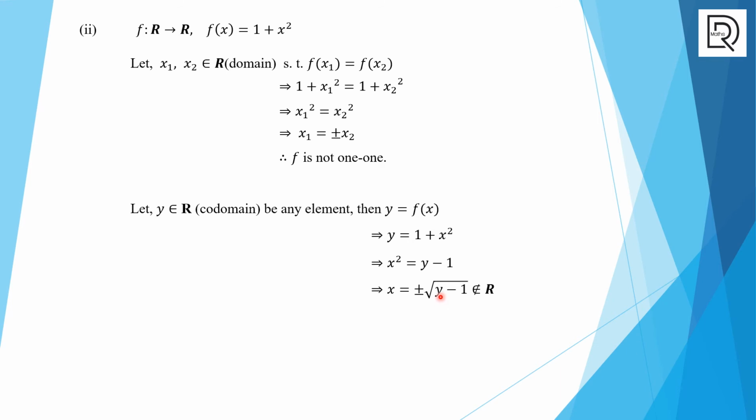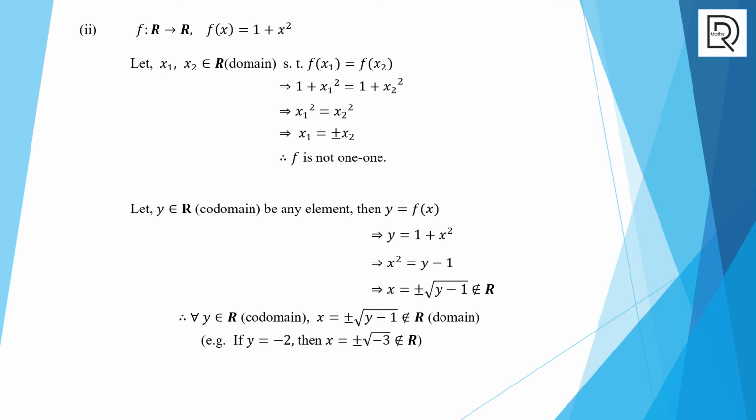Because if you take the value of y as -1, then you get root of (-1 - 1), which is root of -2, and clearly root of -2 does not belong to R. So therefore for all y belonging to R, x = plus or minus root of (y - 1) does not belong to R. Here I give this example. So therefore f is not onto.